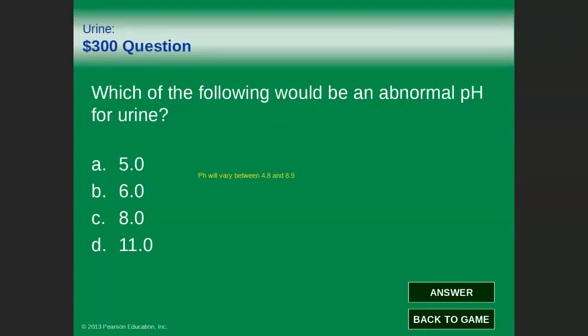So 11 would be way too high. You wouldn't see a pH of 11. It varies between 4.8 and 8.9, and that's about the limit. So D would be the right answer on that one.